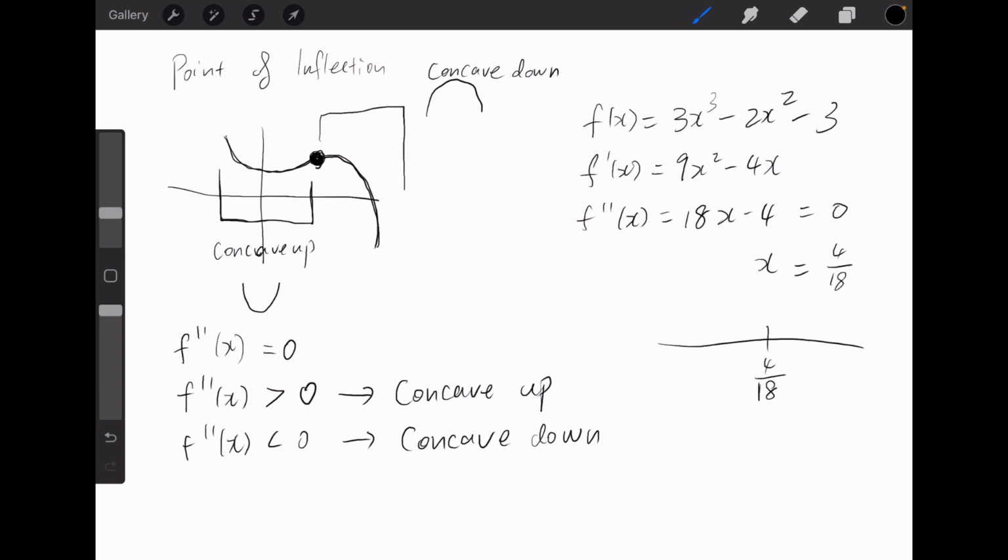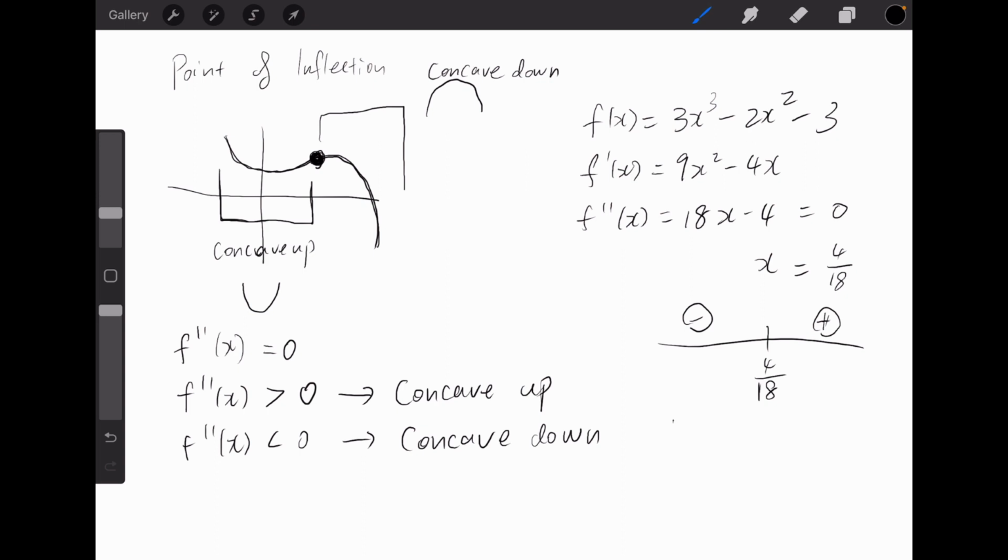Then I'll do a sign chart. If x is greater than 4 over 18, I would get a positive number. Otherwise, I would get a negative number.